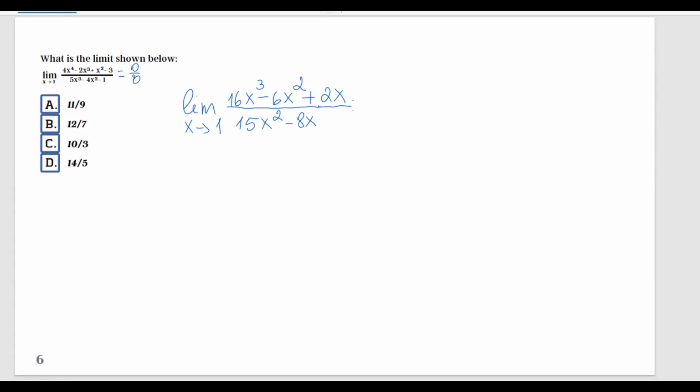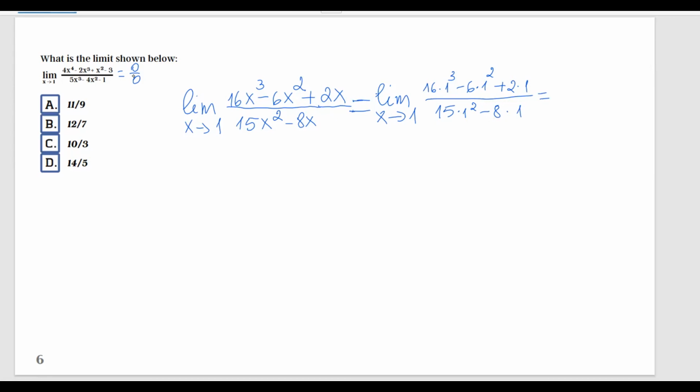This is going to be equal to, let's substitute x with 1. So we're going to have limit, x converges to 1, 16 multiplied by 1 power 3 minus 6 multiplied by 1 power 2 plus 2 multiplied by 1 divided by 15 multiplied by 1 power 2 minus 8 multiplied by 1.